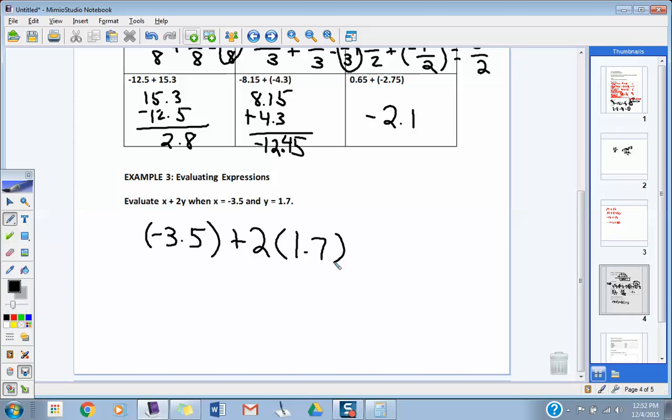All right. So I'll leave this as negative 3.5 over here on the left. This is really 2 times 1.7. If you would punch that up, this would be a plus 3.4. 2 times 1.7 is 3.4. So the addition of those two rational values, negative 3.5, positive 3.4, signs the same or different there?